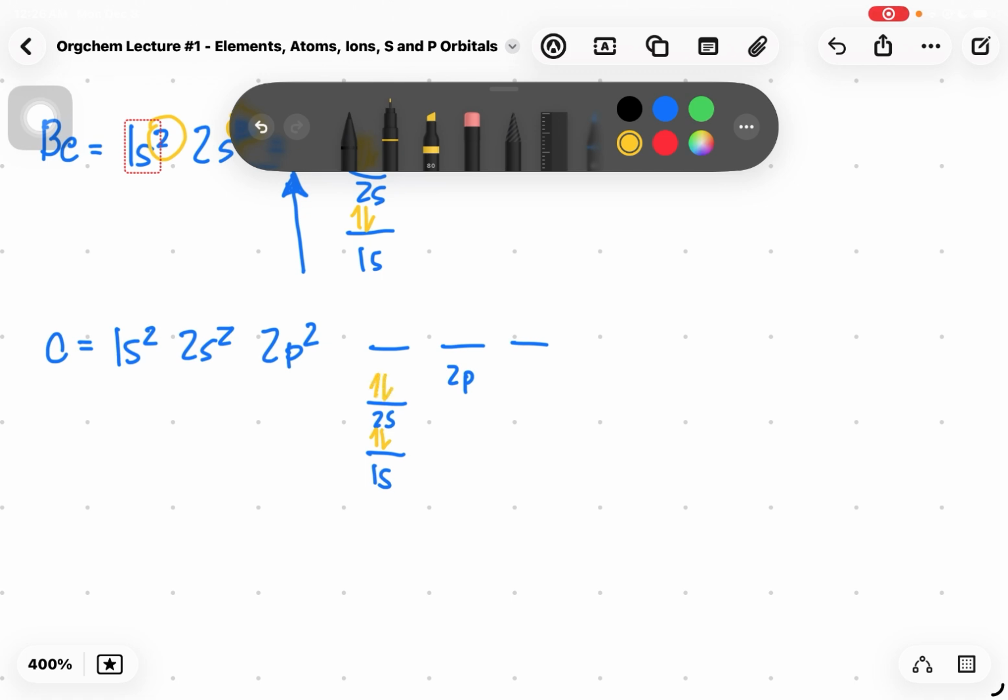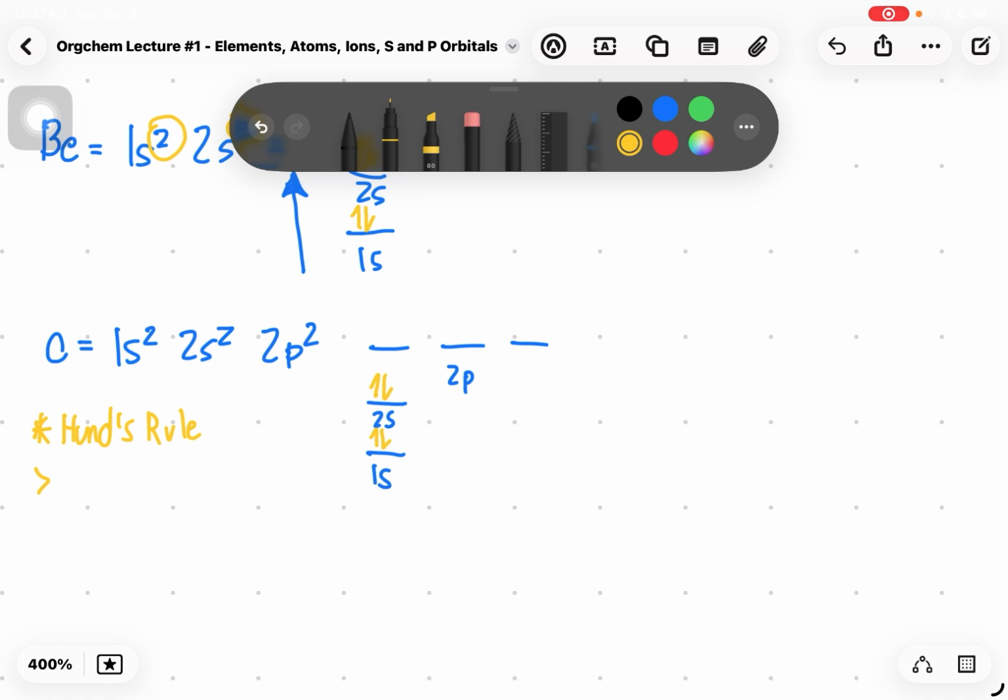But we have a rule in quantum mechanics known as Hund's rule. So normally you'd expect that you would have to draw it like this: 1 electron here, another electron there. That would be incorrect. The reason that's the case is because Hund's rule states that each orbital should be filled up with an electron first before being paired up with another.